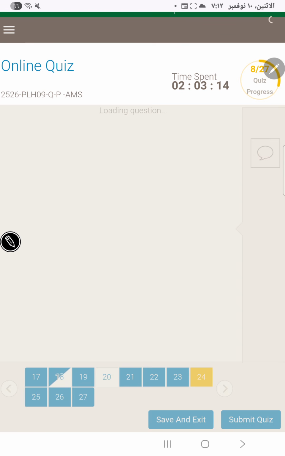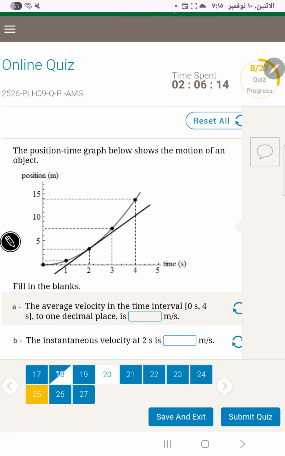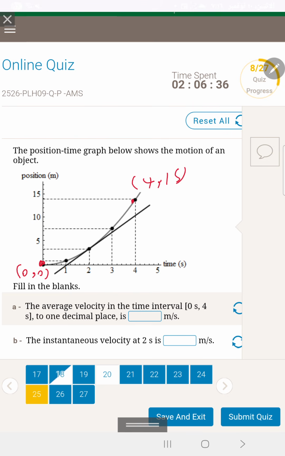Question 25 now. Here you have a graph, and you want the average velocity in the time interval from 0 to 4. You have a position-time graph, so you have to find the slope between the points (0, 0) and (4, 15), using the slope formula. Instantaneous velocity at 2 is also a slope, but now the slope of the tangent.